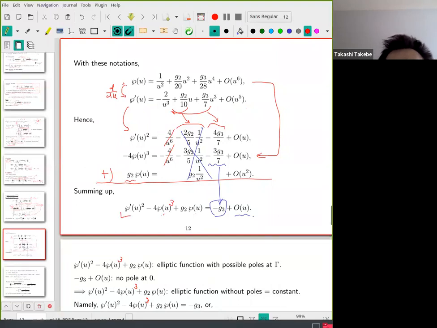So this is an elliptic function, and the possible poles sit at gamma.